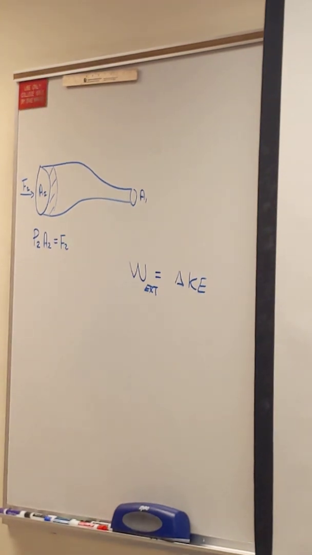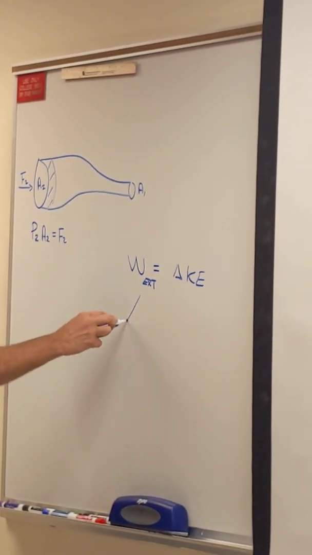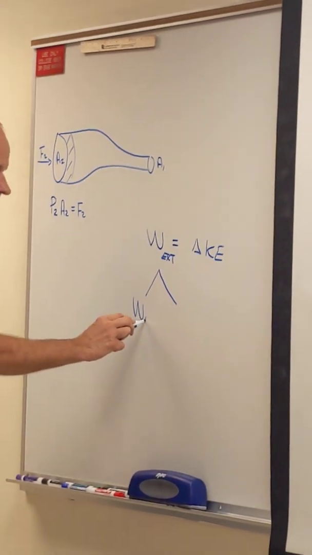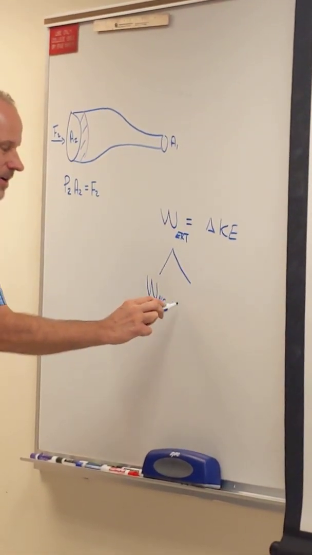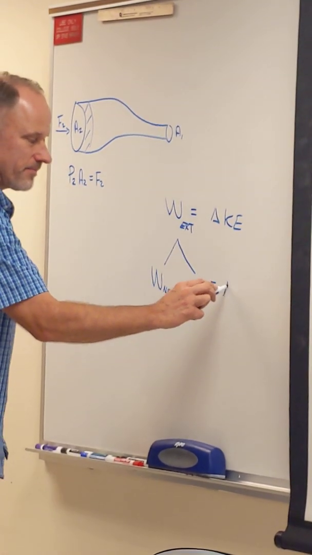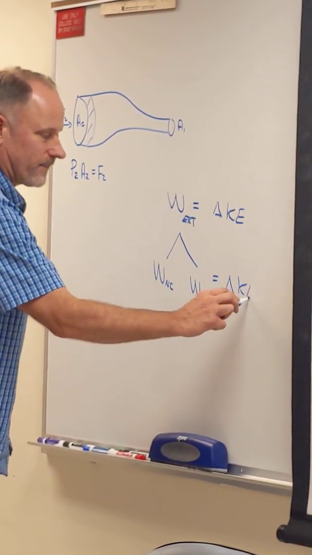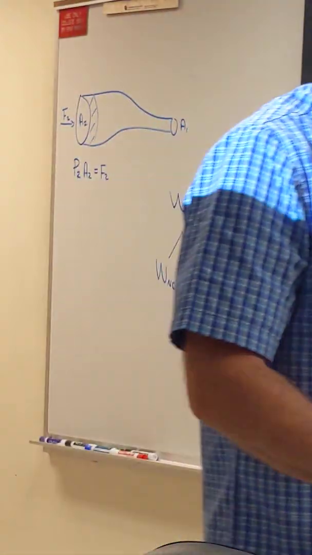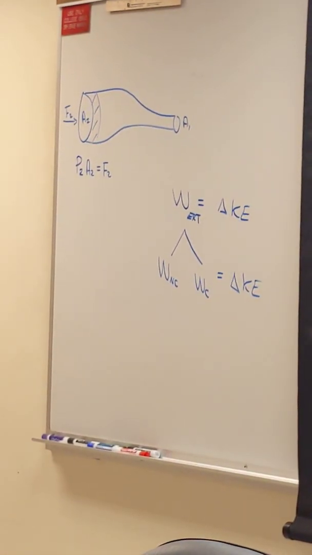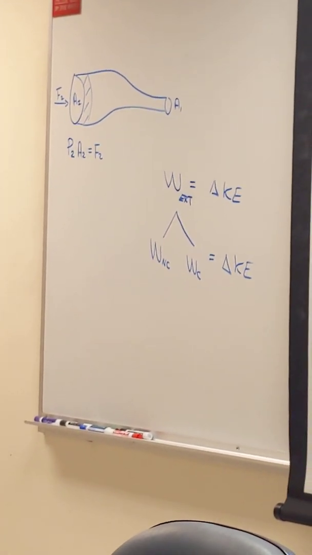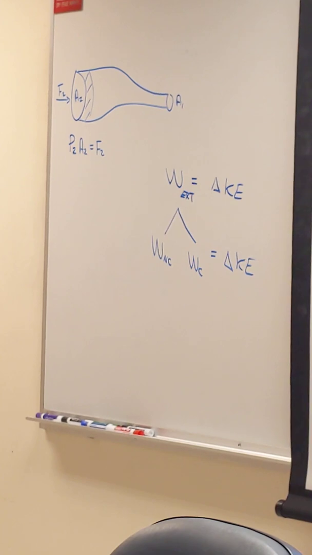Now, if you guys remember, going back in the Wayback Machine, that work can be due to non-conservative forces or conservative forces. What kinds of things are conservative forces in our lives? Springs, but in this case, looking at the picture on the right, pressure.